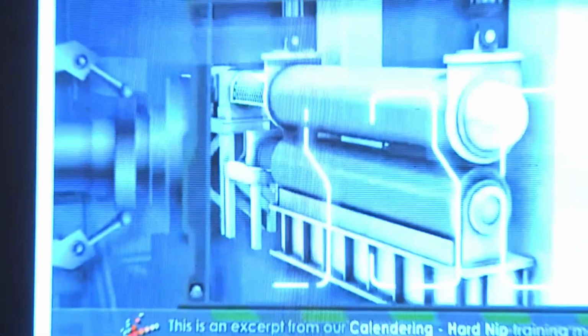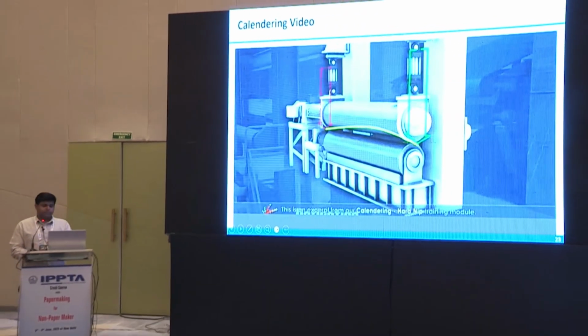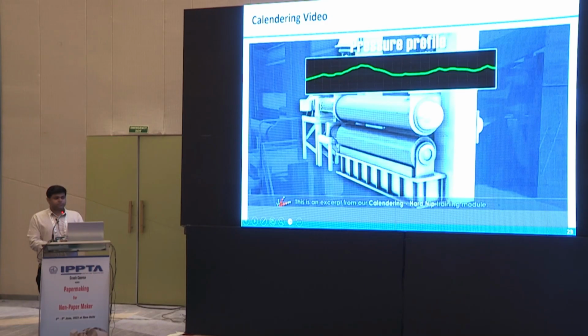One more video on calendering. On single nip calendars, operators typically have control of three parameters to adjust nip pressure profiles: the front load, back load, and crown deflection. The front and back loads create the overall nip load, while the crown deflection affects the nip pressure profile.